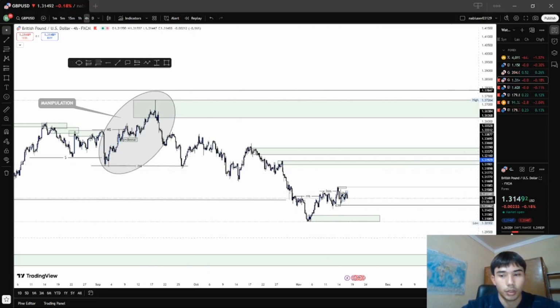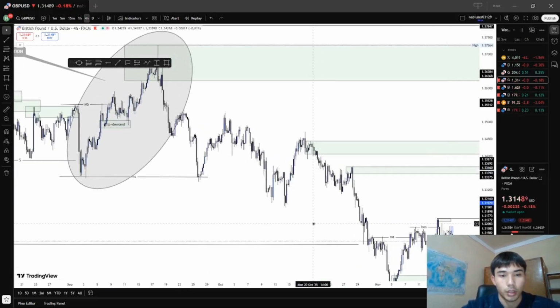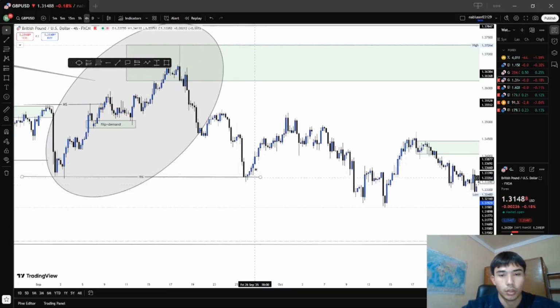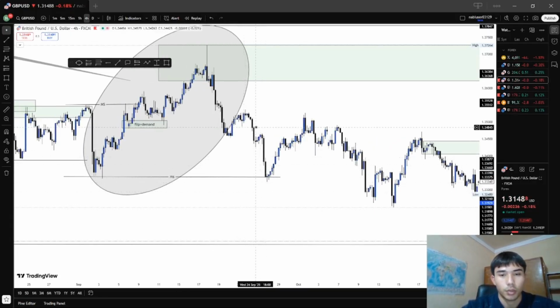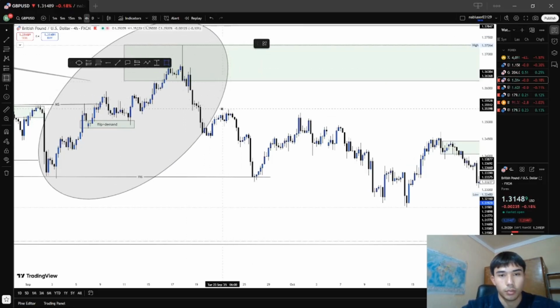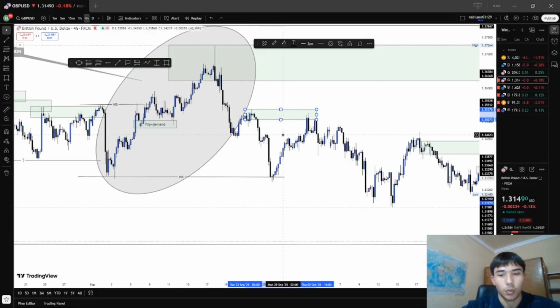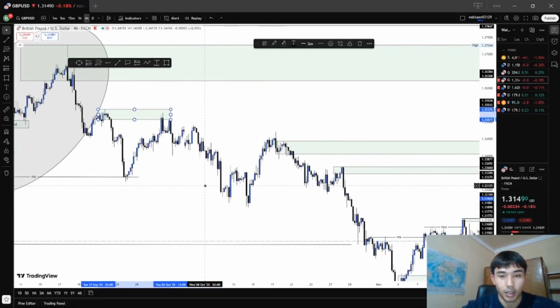Right after a market shift, like I said, when we have liquidity, we have dodgy small candles and a V-shaped reaction. And since we're in a bearish downtrend, we look for supply zones to get filled. So yeah, this is our supply zone, and that respected and went straight down again.